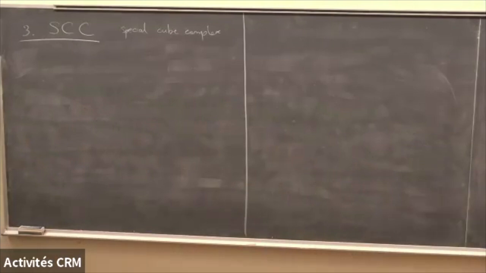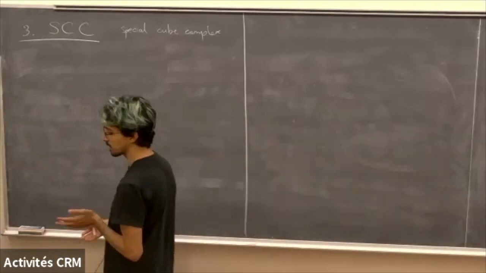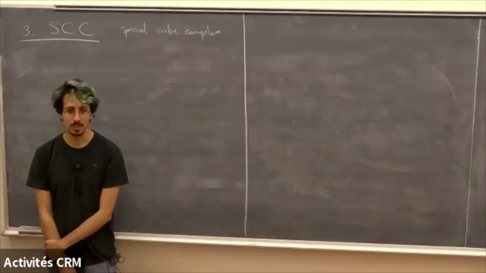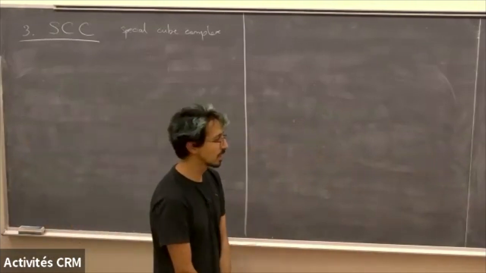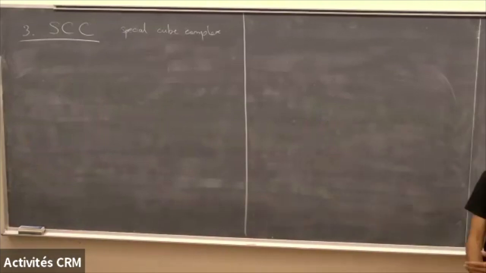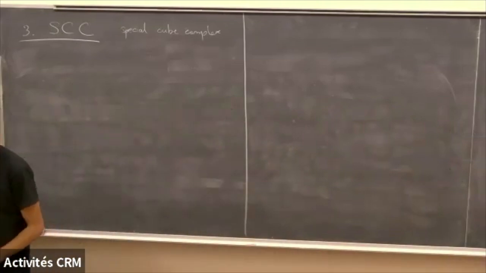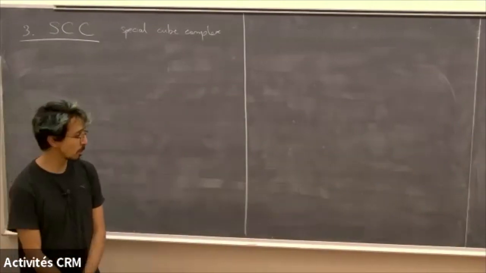What was the point of the last lecture? The point was we can build cube complexes quite easily. All we need is this combinatorial data of a vector space with walls, anything of the sort, and you get a cube complex.